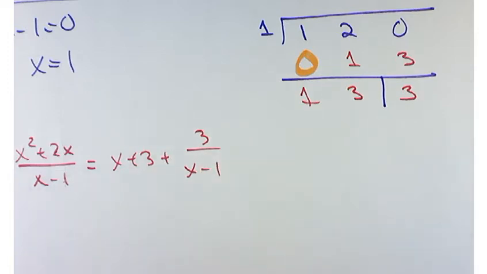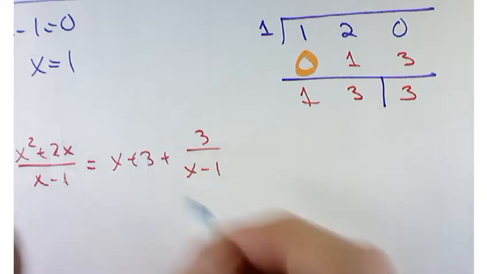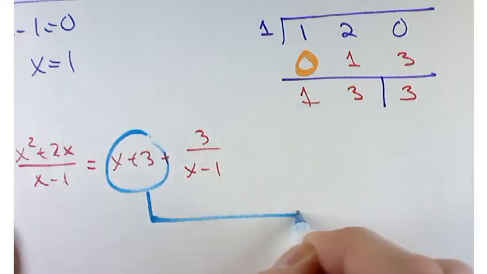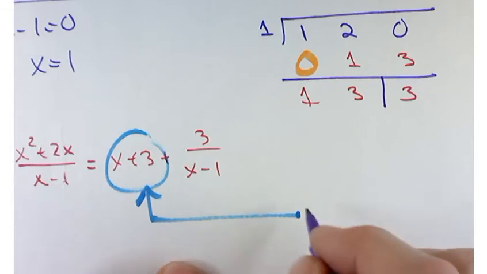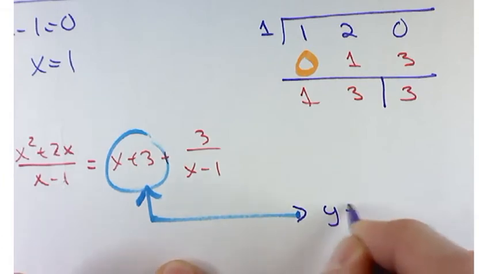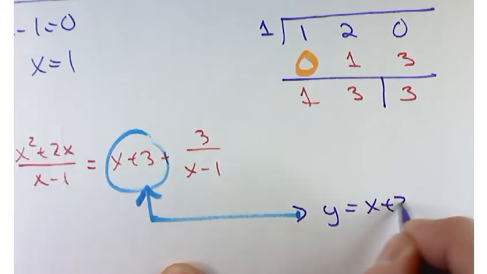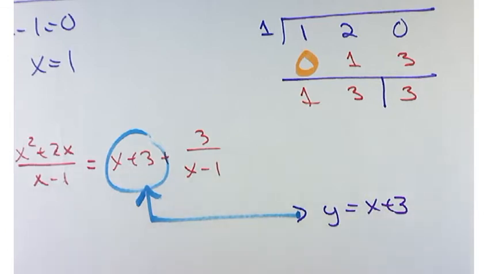That's great. But what did I need from all that? I need that part right there. That's my quotient. This is the remainder. So my quotient tells me that the oblique asymptote is y equals x plus 3. That's your oblique asymptote.